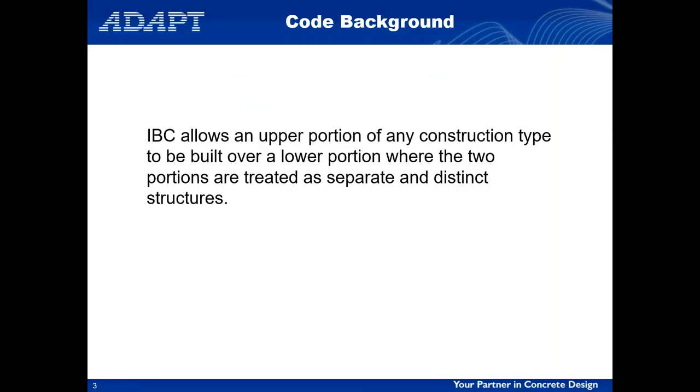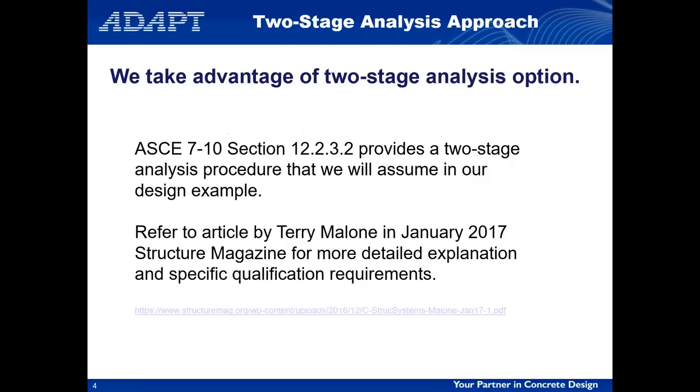What allows us to do it? Luckily the codes allow us to separate this type of construction into 2 segments. So there's the upper portion and the lower portion, which allows us to treat it as 2 separate structures from an analysis perspective. And that's really one of the key things that's going to be underpinning our approach today.